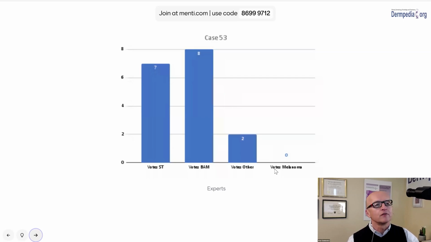This is the distribution of the responses just based on H&E, and so you can see that still the majority of experts in this group favor a diagnosis of essentially common nevus, because as far as we know, this is a BRAF mutated lesion that belongs to that category, this lineage of BRAF mutated, common melanocytic proliferations.